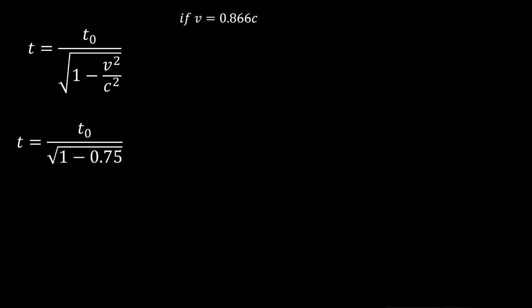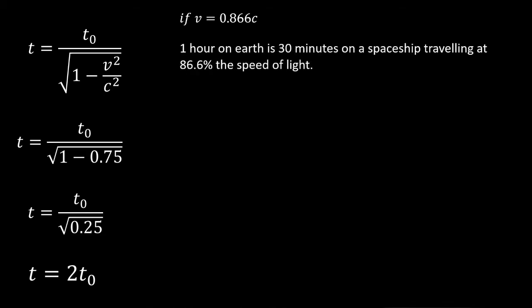Thus, T equals T0 divided by the square root of a quarter, which means that T equals T0 divided by a half, or T equals 2T0. So 1 hour on Earth, which in the equation is T, equals 30 minutes on the spaceship travelling at 86.6% the speed of light. So why don't we notice time dilation? Well, simply because the speed of light is so stupidly fast.